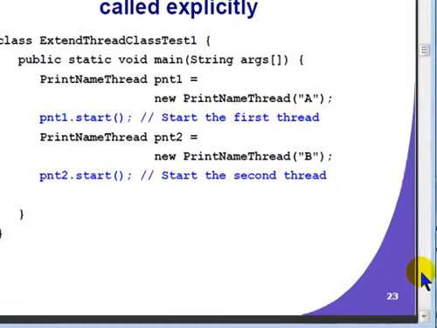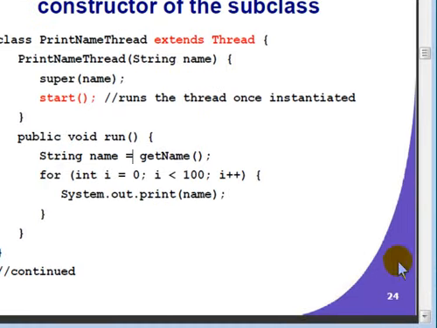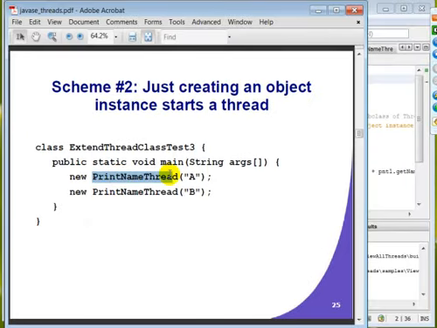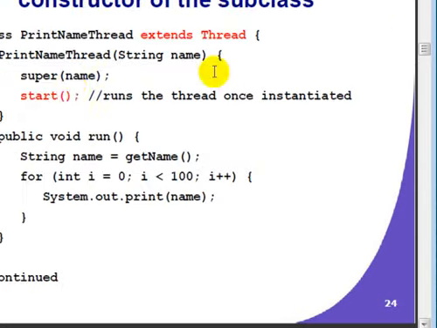All right, so let's move on to scheme number two. In this case, the start method is in the constructor of the subclass. In scheme number one, we didn't have this start method, right? In scheme number two, we are going to start this thread as part of the constructor. So it runs the thread once instantiated. In this case, I created a thread object, and that's all you have to do, because the constructor of this subclass of the thread will actually start the thread.